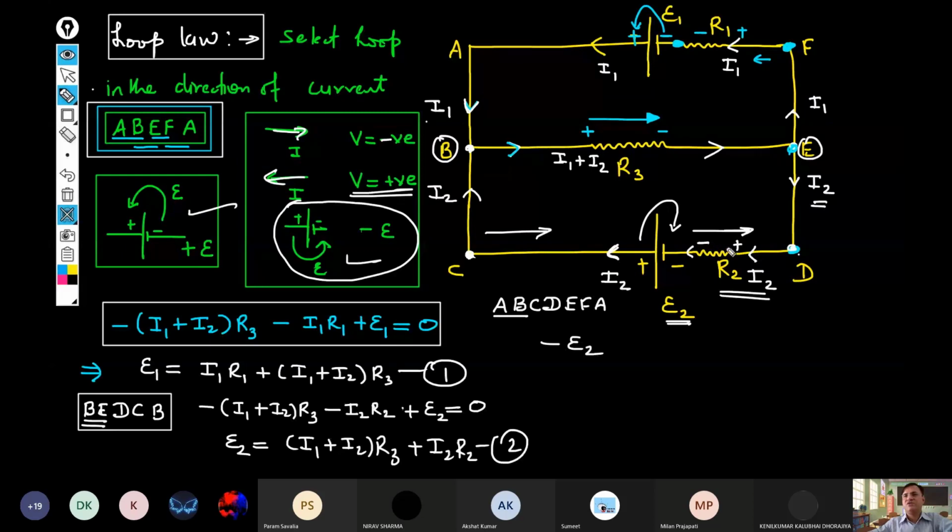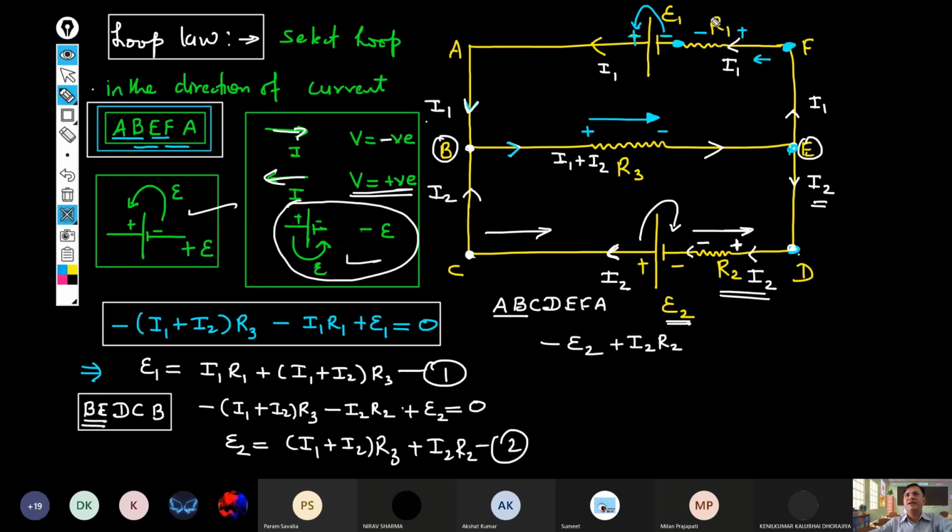And from minus to plus we are moving. Minus to plus means value will increase or decrease? Increase. So what we will take? Positive value. Clear? Yes, sir. Now again D to E and E to F, there is no resistance, not to worry.